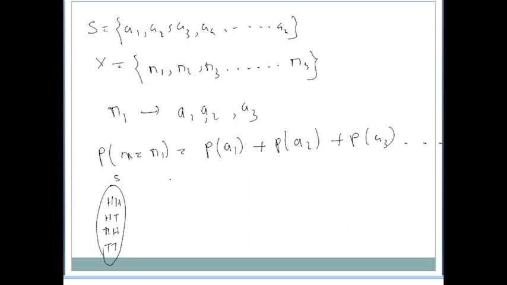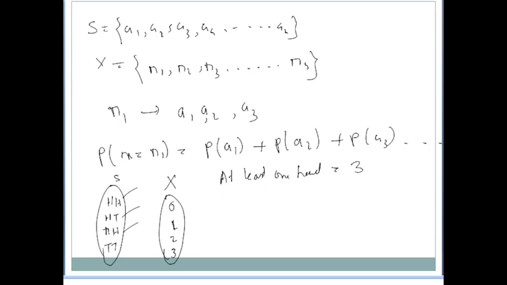Now the random variable, let's say for at least one head. How many conditions will be there for at least one head? Here, two head, one head, one head. Okay, there will be three. So here we can see that there will be 0 head, 1 head, 2 head and 3 head.